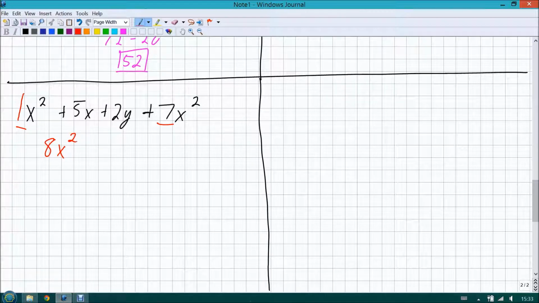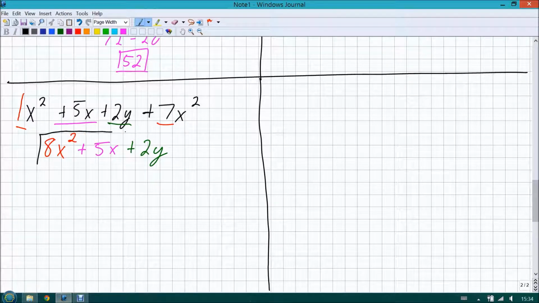Is there anything that our 5x can combine with? No, so we just bring that down, and we say, okay, plus 5x. And then the last one, is there anything that we can combine with our 2y? And once again, there isn't, so we just bring that down. None of these are like terms, and so we are as simplified as we can possibly get.